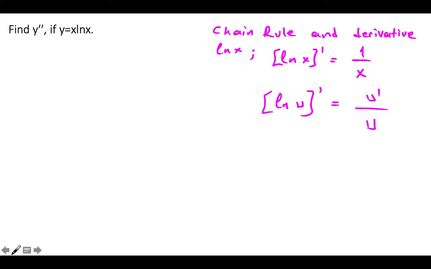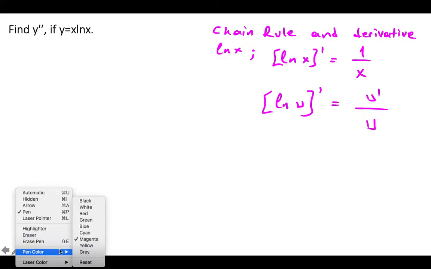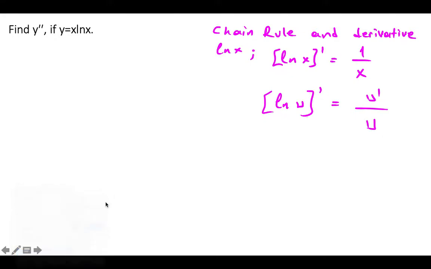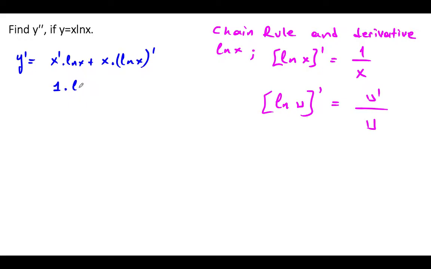So in order to solve this question, first of all, I have to use the product rule. So y prime is equal to the derivative of x times ln x plus x times the derivative of ln x, which is the first derivative. So 1 times ln x plus x times 1 over x. And if I simplify this, it will be ln x plus 1.